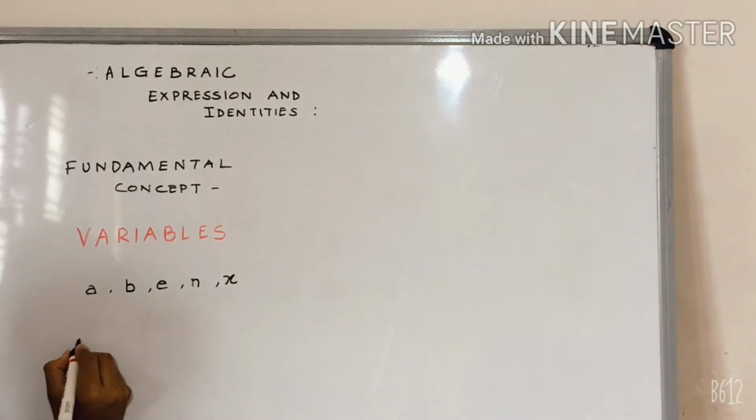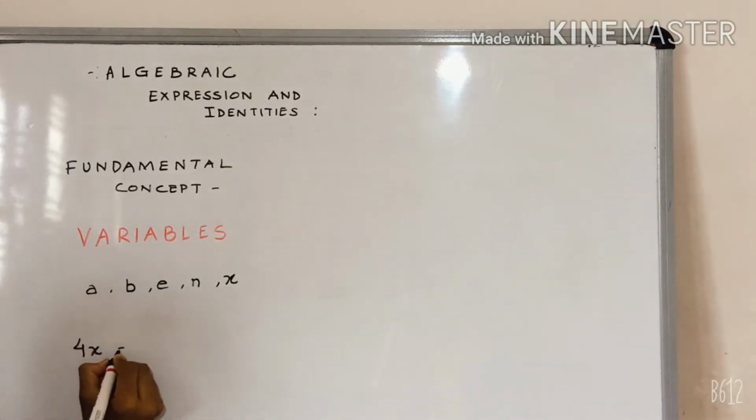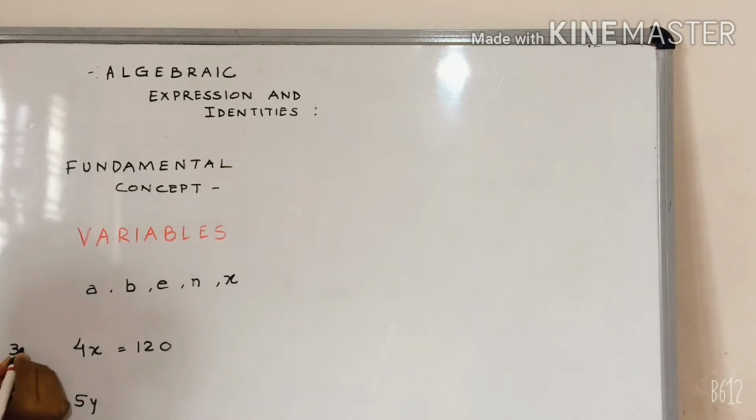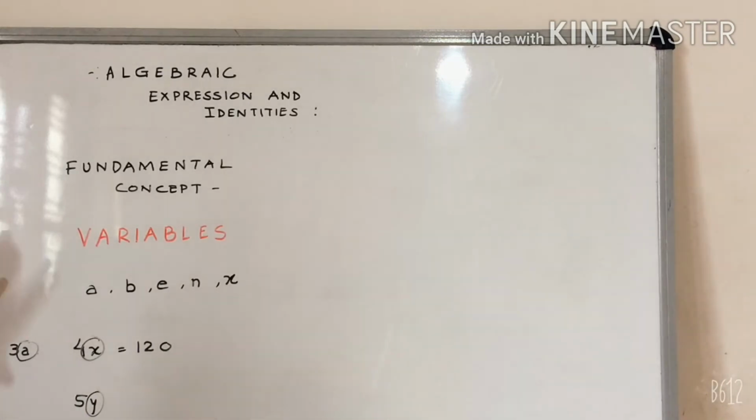Like you may see 4x is equal to 120, or terms like 5y, 3a, and many other terms which contain variables or literals. So these are variables. Please understand these concepts because you are building the base of your lesson. If you learn this, you can concentrate on your further sums.